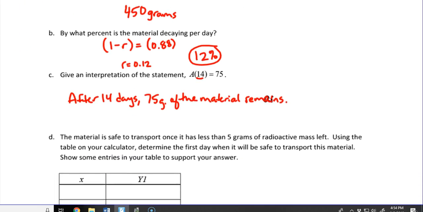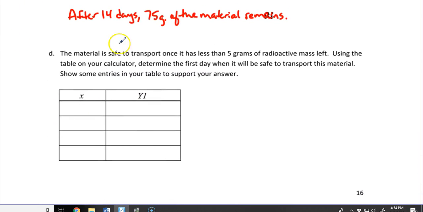The final component of the question says, the material is safe to transport once it is less than 5 grams. And we need to find out when that will happen. When's the first day when it will be safe to transport this material?